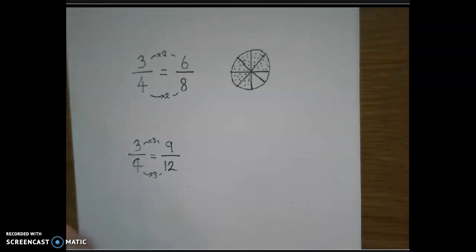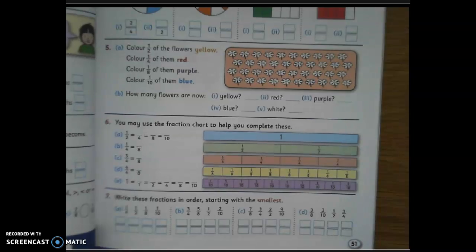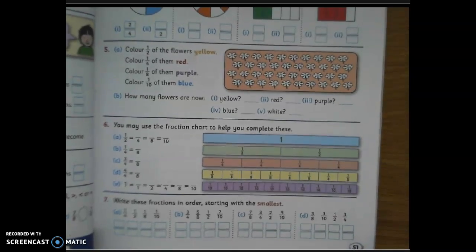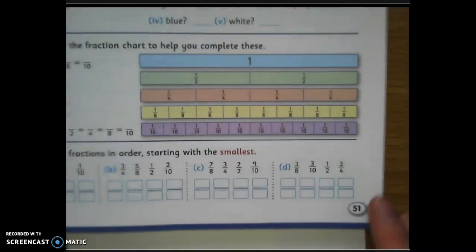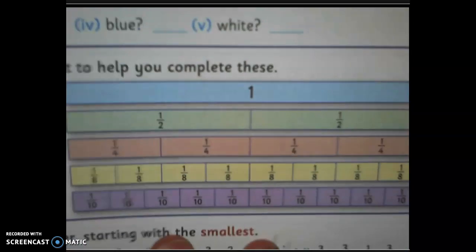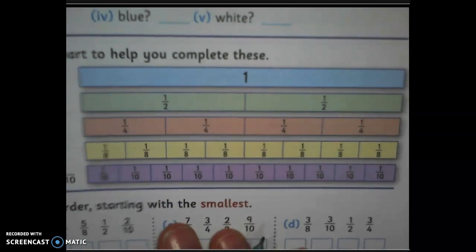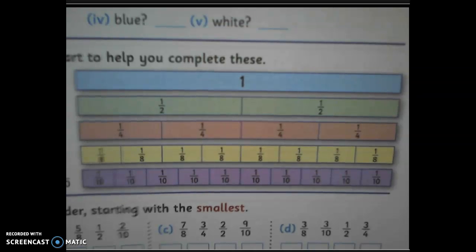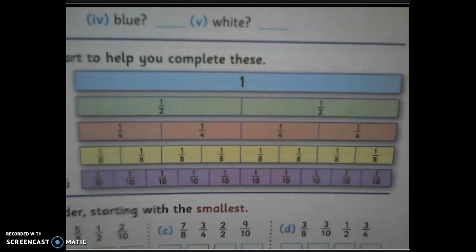So here's another visual for you here. It's on page 51 of your Visio Maths if you ever want to refer back to it. Here is a fraction wall, and it can also give you a nice idea as to equivalent fractions. And there's plenty of these you can get online as well if you just Google or search for fraction wall.